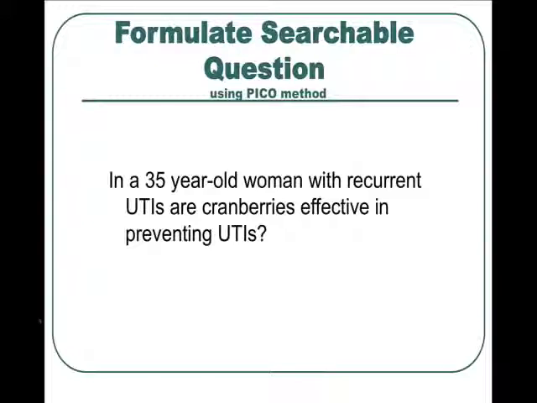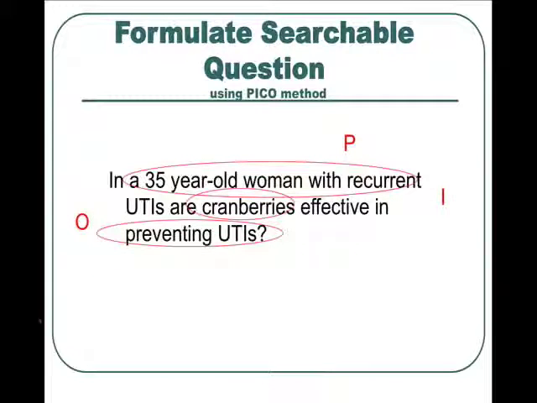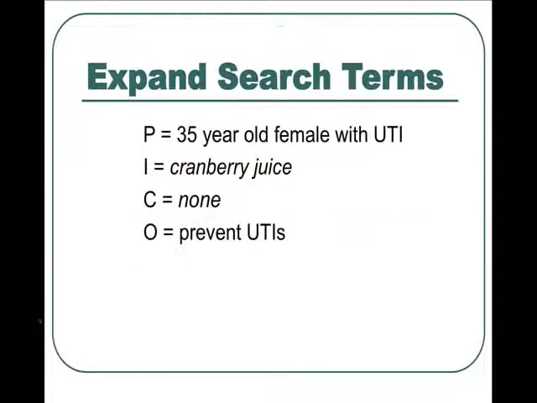If we look at this and if we apply the PICO method, we see that the P, in this case the patient, is the 35-year-old woman. The cranberries would be the intervention, and the outcome would hopefully be to prevent future UTIs. There is no comparison in this case, which happens.